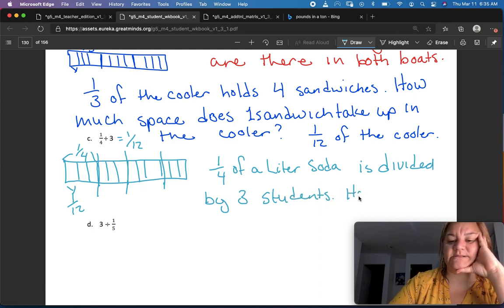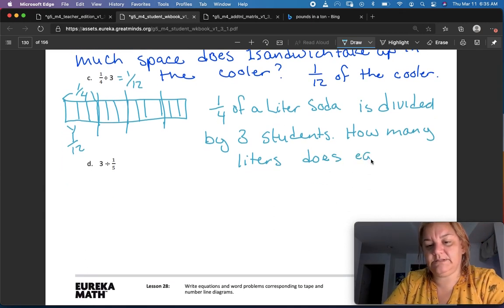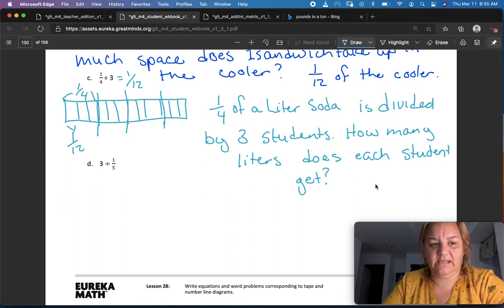How many liters does each student get? And the answer would be 1/12 of a liter. Okay.